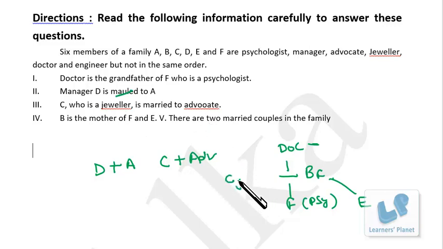So C jeweler and B advocate. In that case manager D is married to A. That means D, that is manager, and doctor, that is A. So this is how this chart looks. Now finally doctor, manager, jeweler, advocate, psychologist, and engineer.